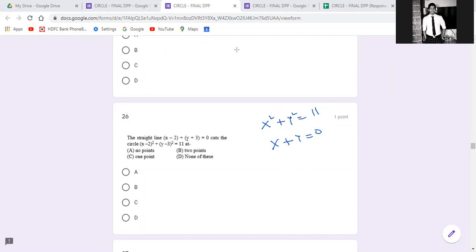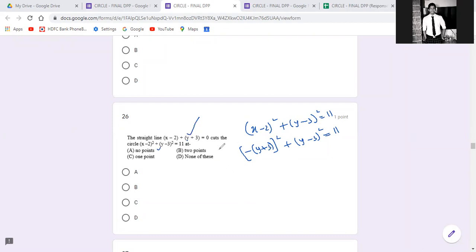Otherwise, do one thing. Solve both the equations. x minus 2 the whole square plus y minus 3 the whole square equal to 11. Instead of x minus 2, you can write minus of y plus 3. I'm solving the equation of the line with the equation of the circle.